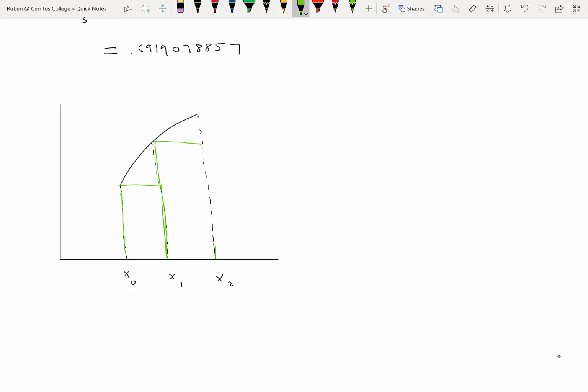And we introduce a lot of error. These green rectangles give us an underestimate by a lot. Now, what I'd like to do with these little green rectangles is, instead of rectangles, use them to construct a simple figure that would wipe out some of that error.